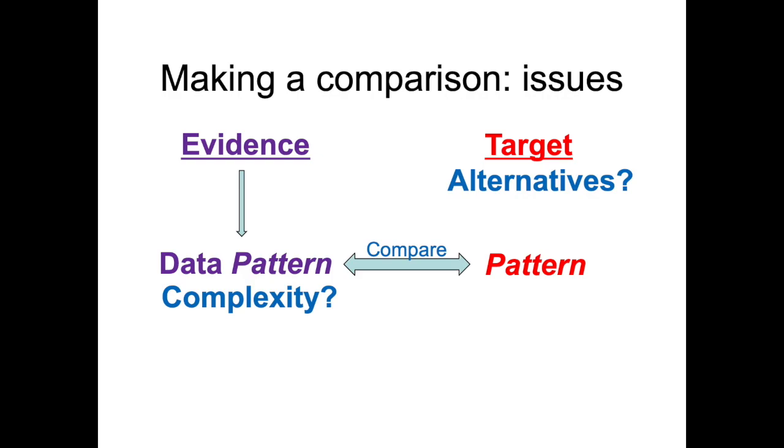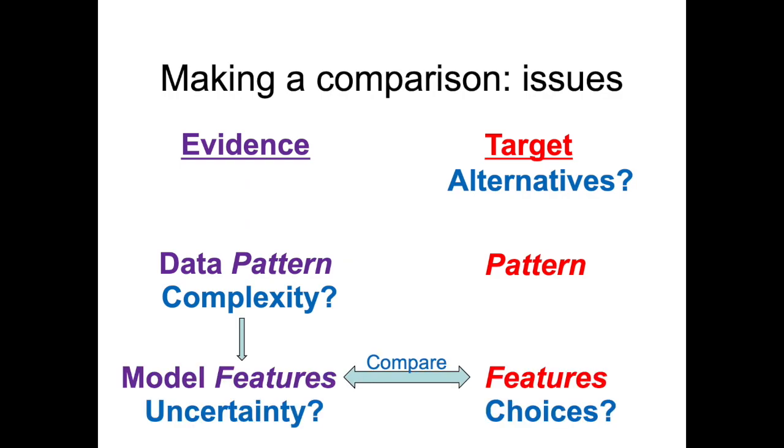These patterns can have tremendous complexity, so usually the pattern as a whole can't be compared with another pattern. Instead, there are features that model the data, and the features of the evidence are compared with the features of the target. This comparison introduces other issues.